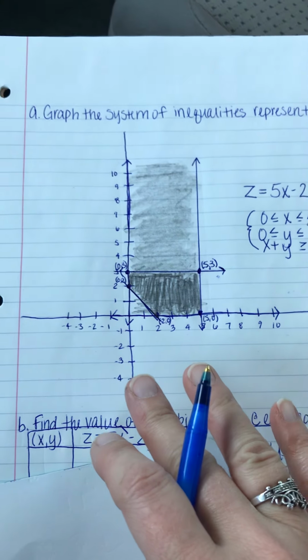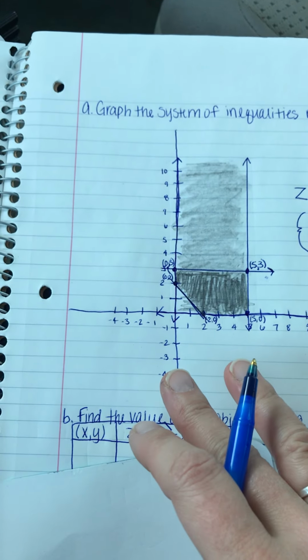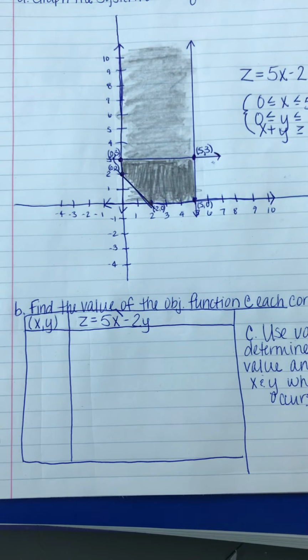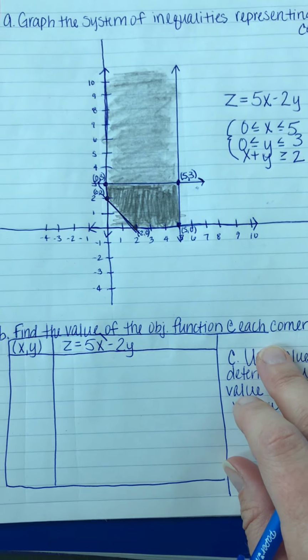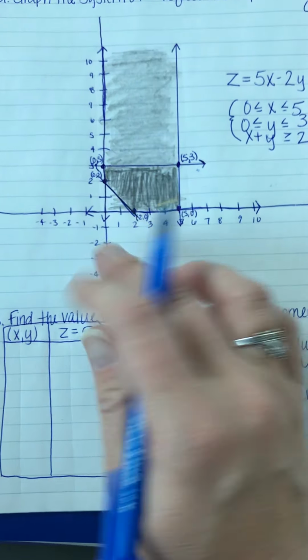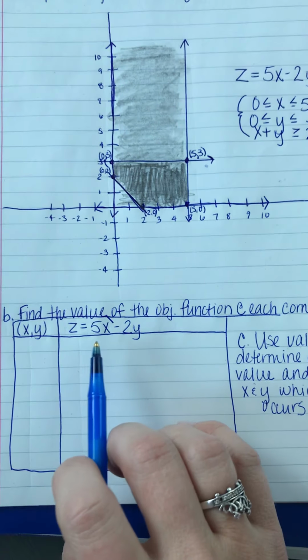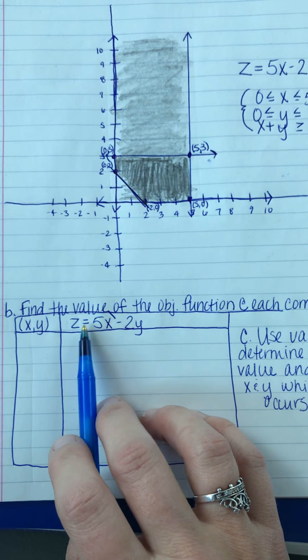Now that we have this problem graphed, we need to find the value of the objective function at each corner. So the way we're going to do that is take each point and substitute it for our original problem.